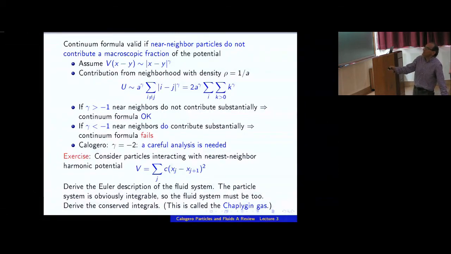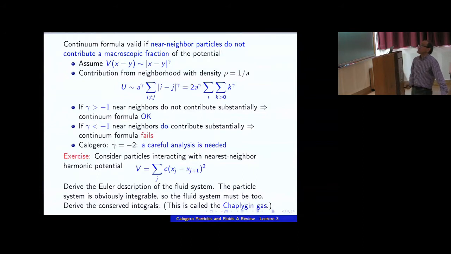If this sum here is finite, it means that the first several, but finite number of neighbors of i will contribute a finite amount. If this sum here is infinite, it means that no finite chunk of it will contribute a substantial amount, and therefore the continuous expression will be correct.